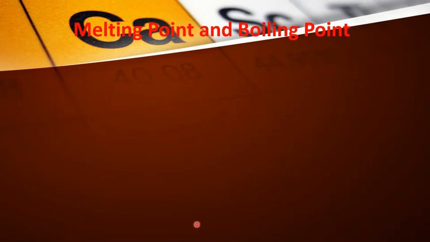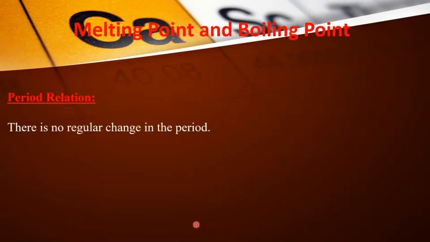Now, the change of melting point and boiling point in a period. Here also in period there is no regular change of melting point and boiling point. Look, the melting point and boiling point gradually increase from sodium to silicon.